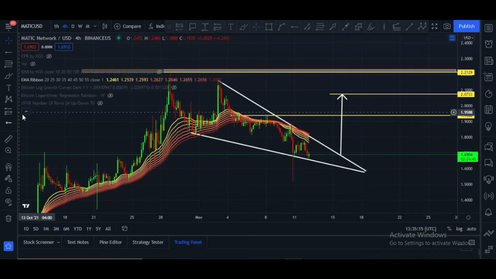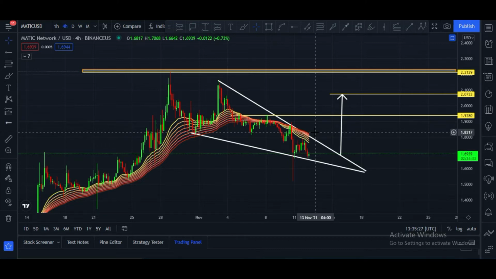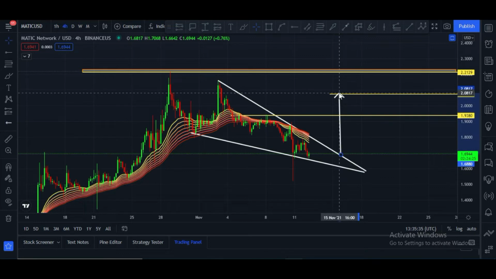This is the 4 hourly EMA ribbon, and candles are below this EMA ribbon. That is not a good sign. Once a 4 hourly candle closes above the $1.85 price area, definitely it will break this downtrend line, and after that it will hit my targets. Note down these 3 targets.